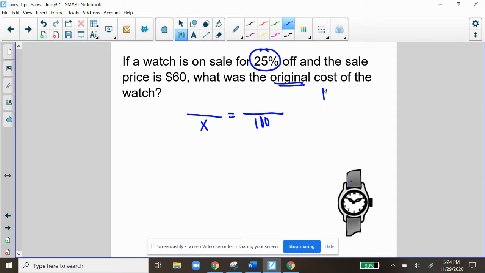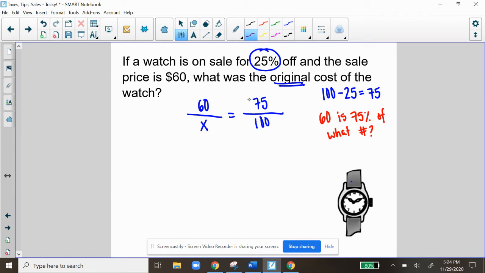Well, I always start with 100%. And if it's 25% off, that means that the percent that remains is 75%. And the sale price was 60. So in other words, this is another way of saying that $60 is 75% of what number? That number being our original price.